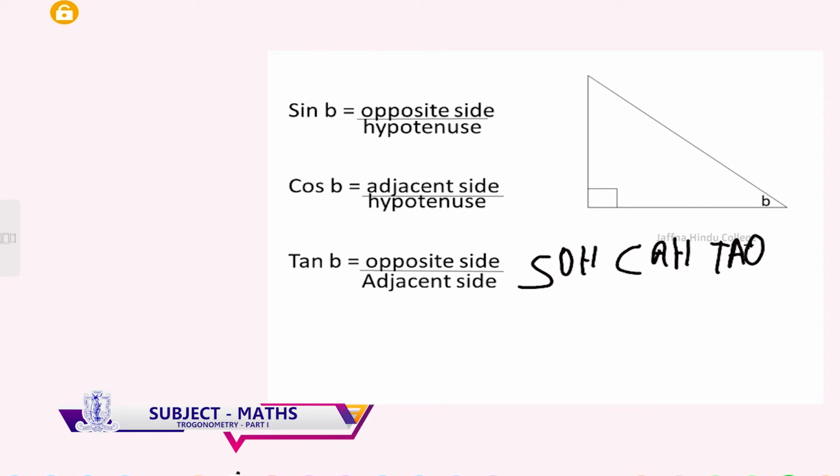S means sine, O means opposite side, H means hypotenuse. C means cos, A means adjacent side, H means hypotenuse. T means tan, O means opposite side, A means adjacent side.